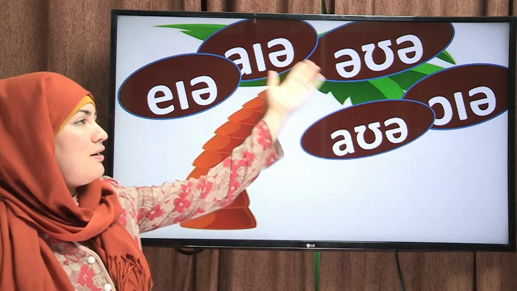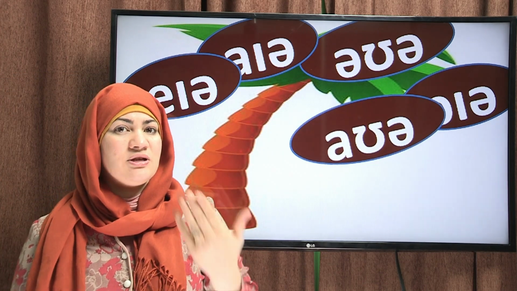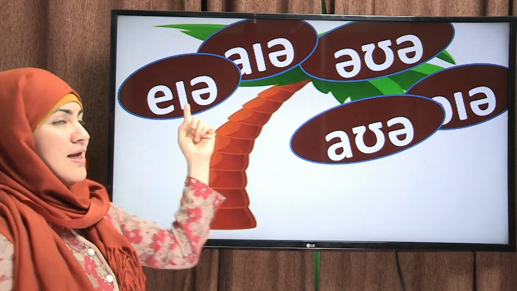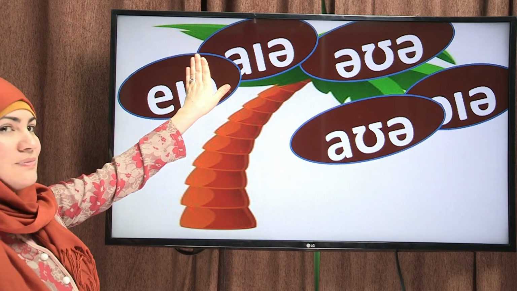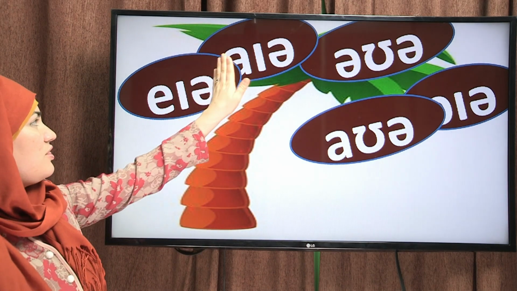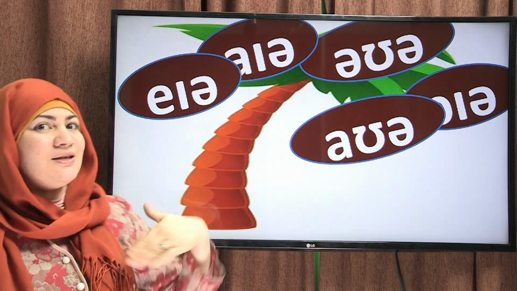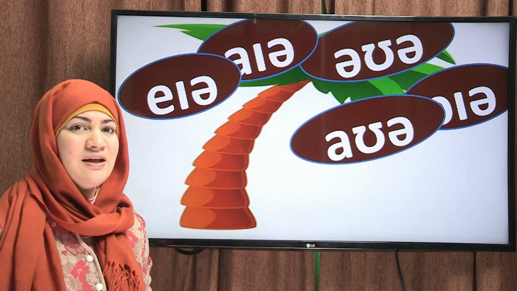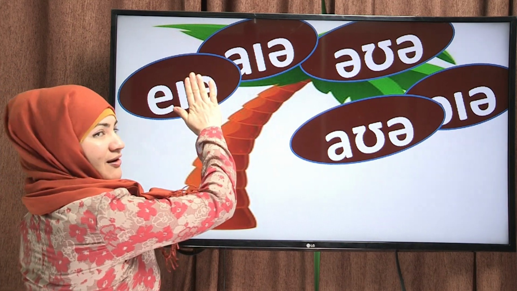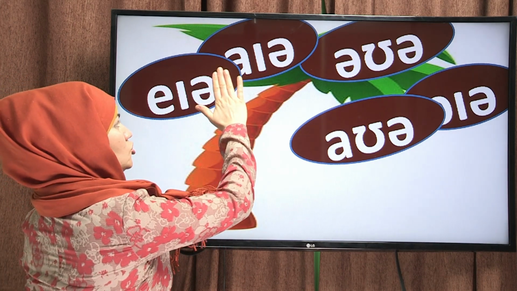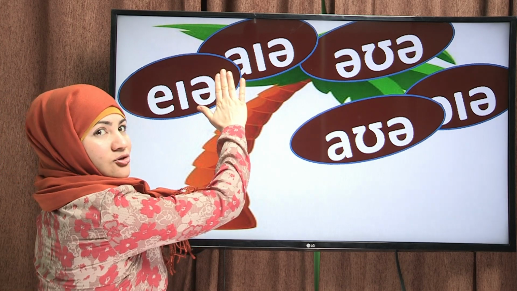So these are the 5 triphthongs. You repeat with me. We have the diphthong A as we saw before, and we added a schwa.